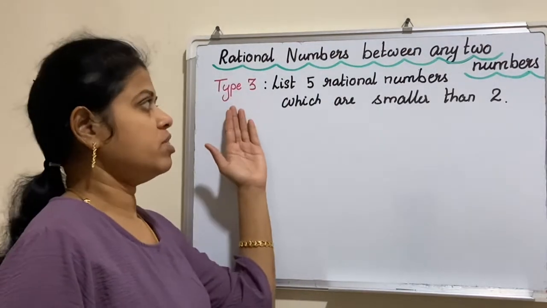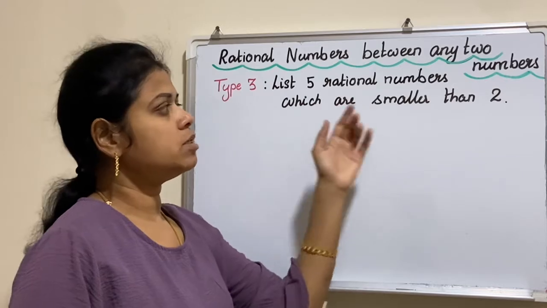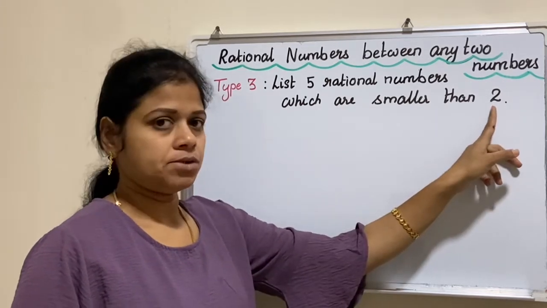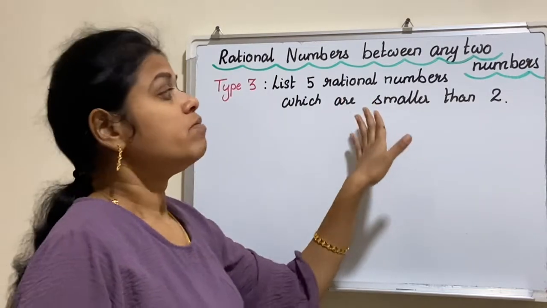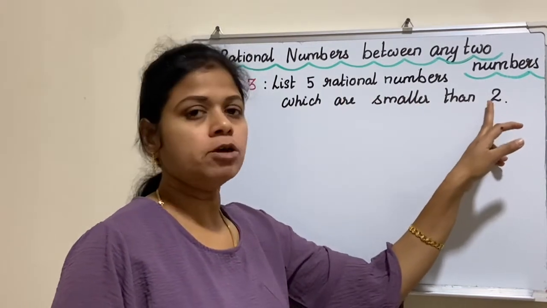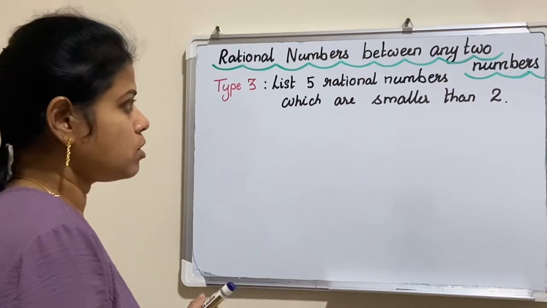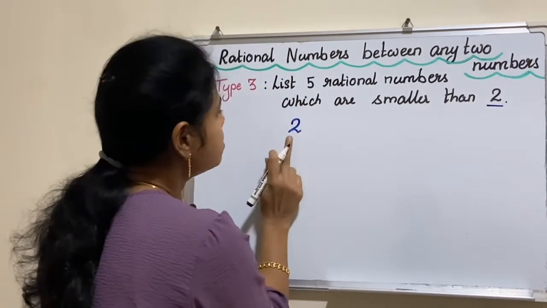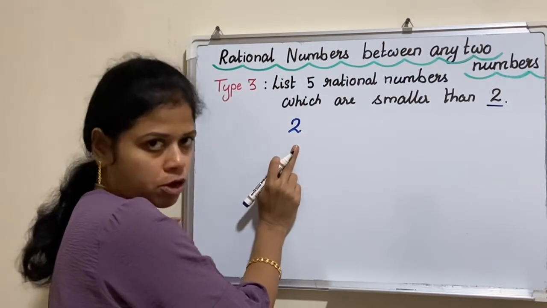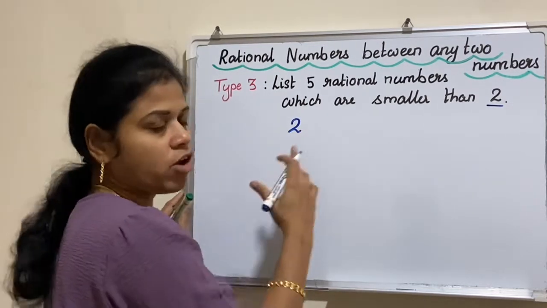Next is type 3. How to list out the rational numbers between a integer. Only one integer is given, that is, you have to list out the rational numbers which are smaller than this number 2. So to list out that, take this number 2 and write this number in the form of p by q.